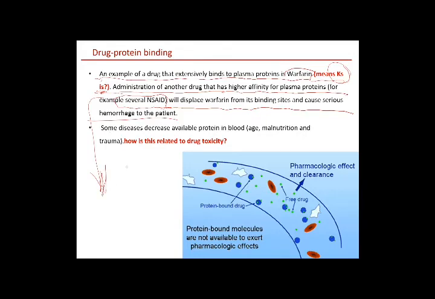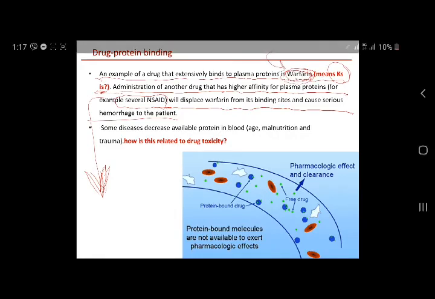So this can be a question in the exam. I can ask you why it's really important to know about the protein binding of drugs, like the combination of drugs that we use. Because a drug like warfarin is really sensitive, and high doses of warfarin in blood can cause hemorrhage.